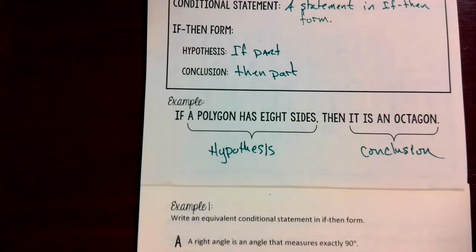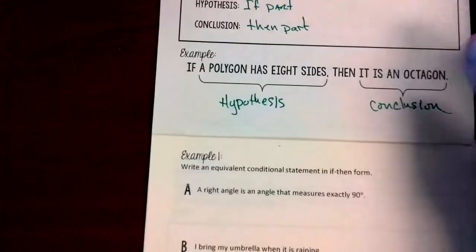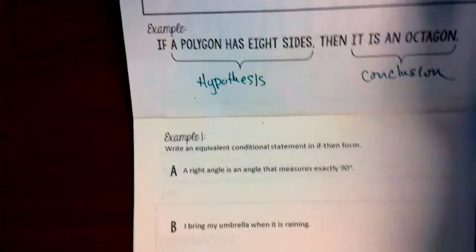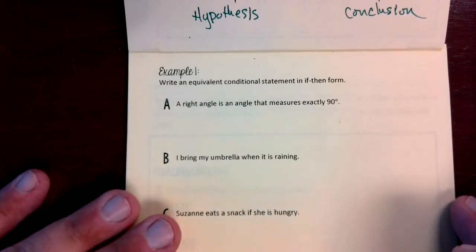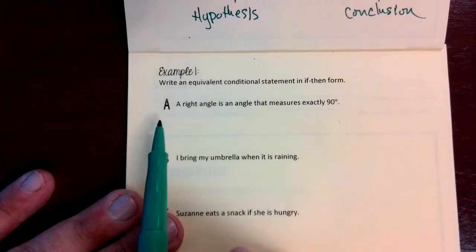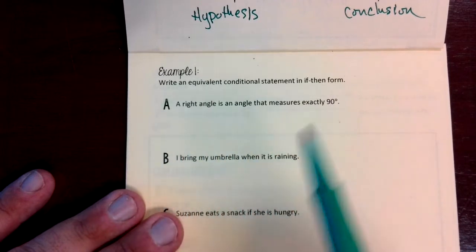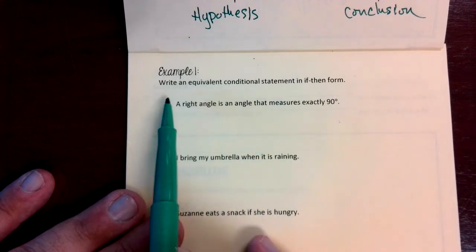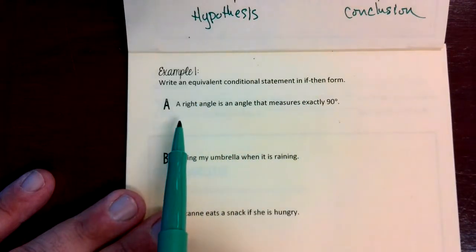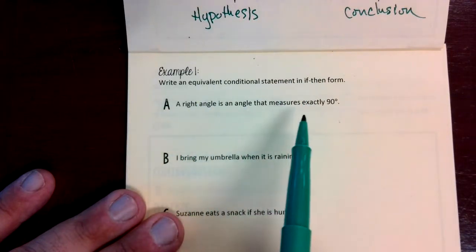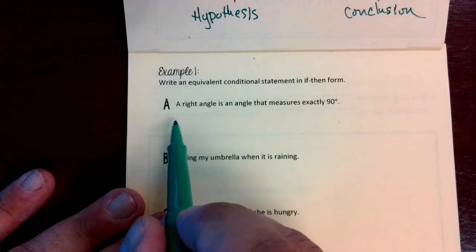Now, a lot of what we're going to be practicing today is going through putting things into if-then form. So I have these statements, and then we're just going to practice writing these in if-then form. So a right angle is an angle that measures exactly 90 degrees.